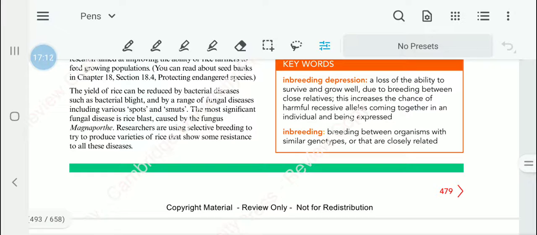And to give you an example, when comparing the beginning of the last century with the beginning of this century, the yield has almost doubled in a rice plant.